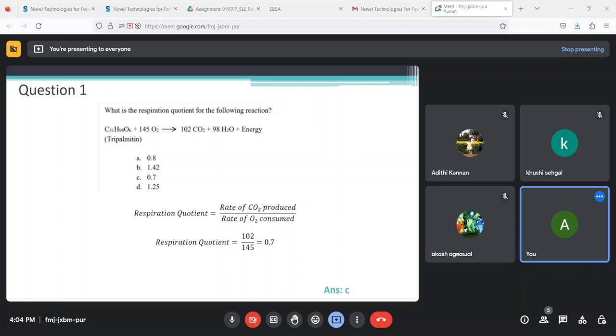When you are dealing with fatty acids and lipids, as in this case, tripalmitin is actually a triglyceride with 51 carbon atoms. So when you are looking at lipids as your substrate, your respiration quotient is less than 1, because as you can see here, the amount of oxygen is much lesser than that of your amount of carbon present.